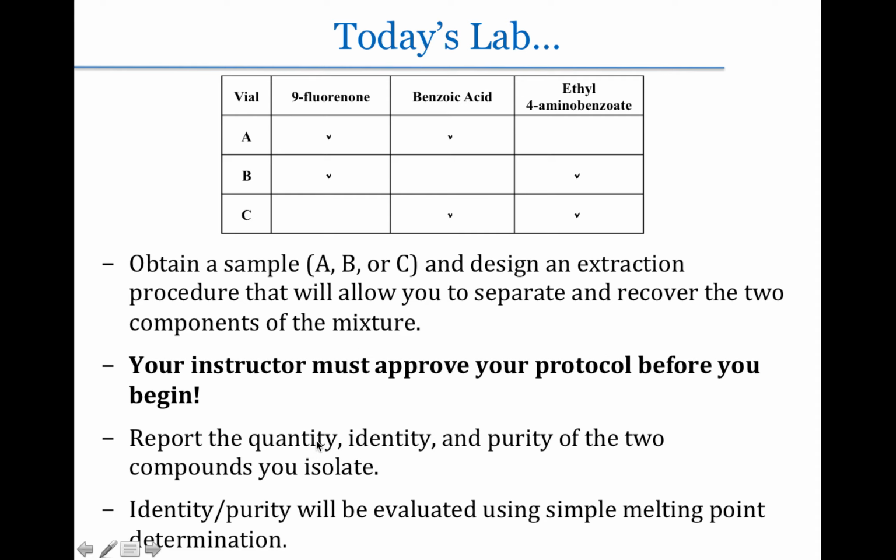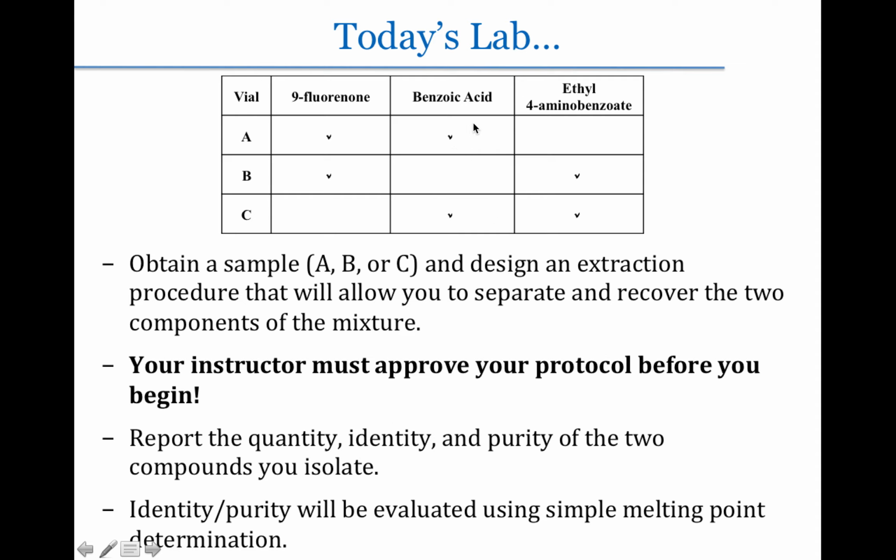It must be step by step, with clear explanations of each step. Then at the end, you're going to report quantity, how much you recovered of each compound, because each vial contains 1 gram total, in a 1-to-1 ratio, so that makes 0.5 gram 9-fluorenone and 0.5 gram benzoic acid.